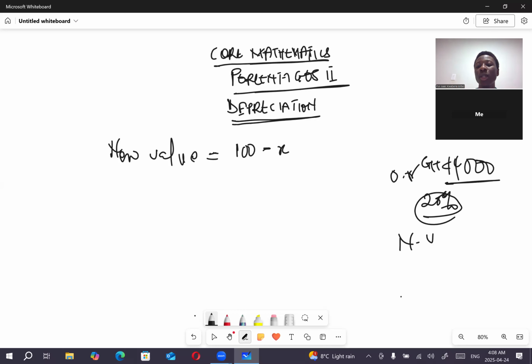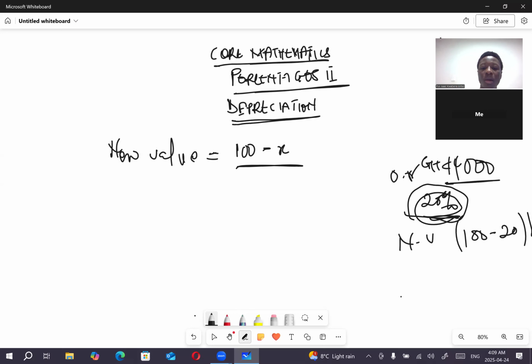And you can see it's 20% because the expression is it depreciated by 20% or it reduced by 20%. So if you want to know the percentage value of the new value after depreciation, you have to take it from 100. And mind you, it will be in percent.